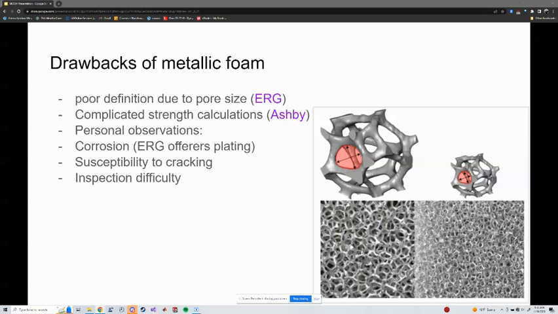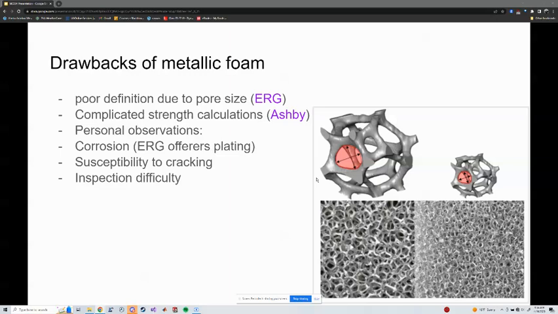Sharp edges, specific contours, sharp angles, anything like that don't hold up well simply because there's not enough material to hold small dimensions. If you start getting on the scale of the individual cells, you get very jagged edges. So very detailed parts are not well suited for metallic foams. This is actually listed on ERG Aerospace's website as one of their drawbacks.